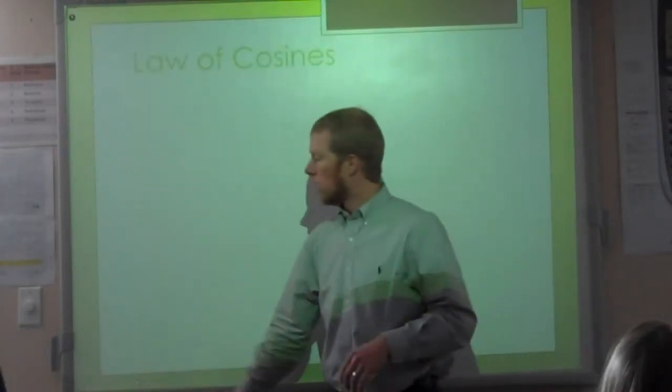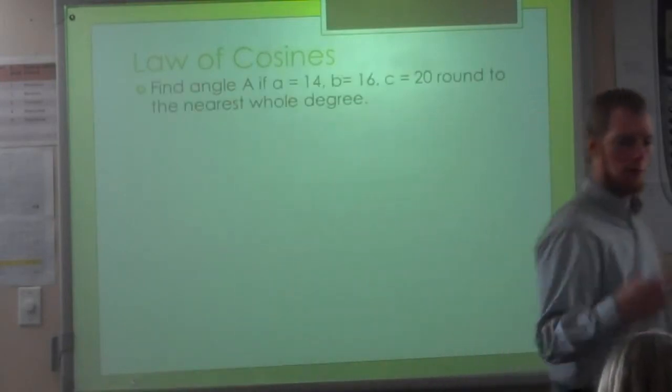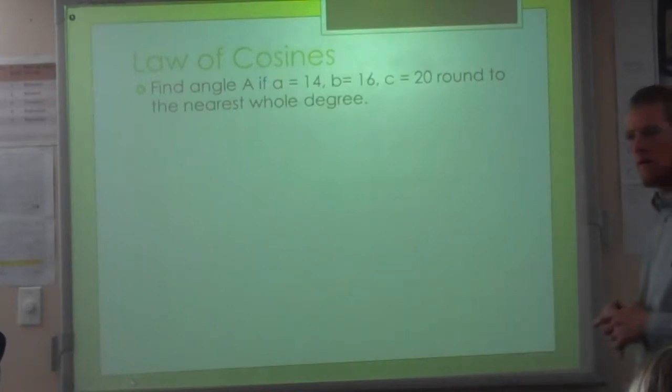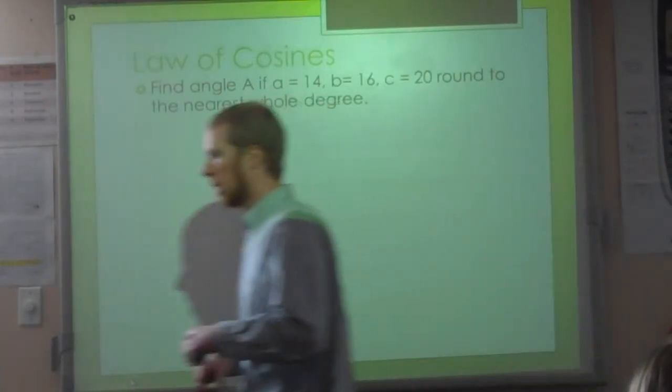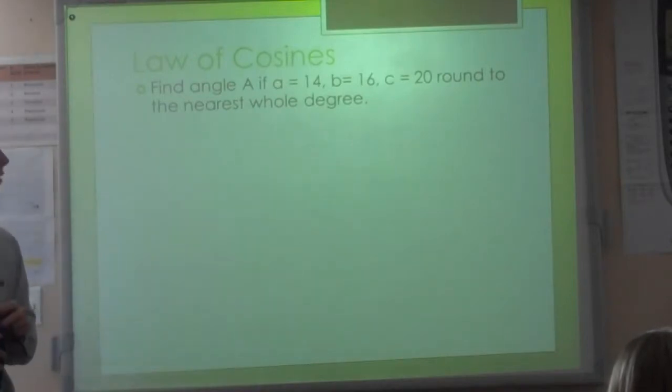So, law of cosines. If we see a problem like this, take a second and write this problem down. So what we have is find angle A, which tells us we're looking for an angle, if A equals 14, B equals 16, and C equals 20.